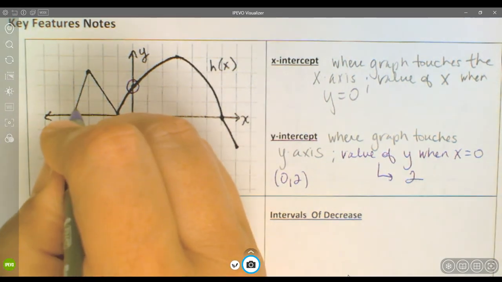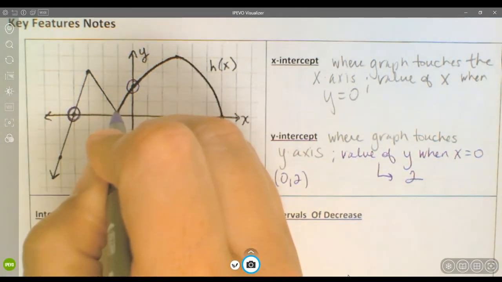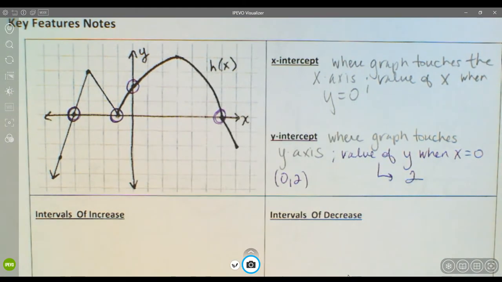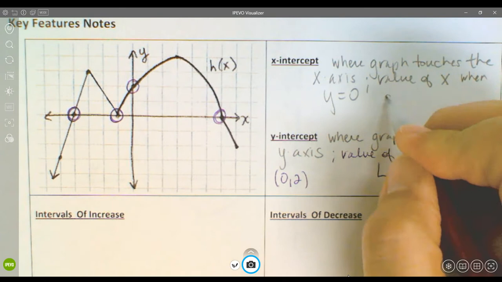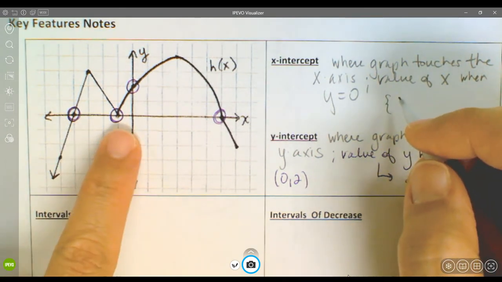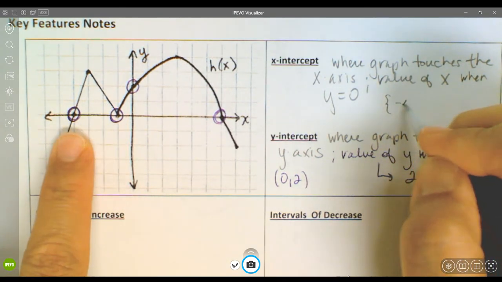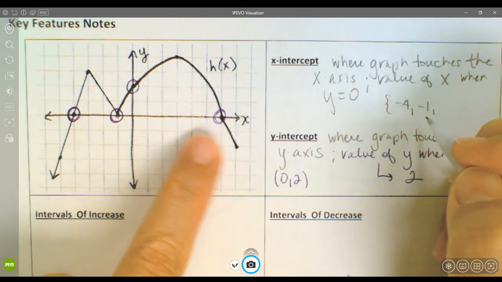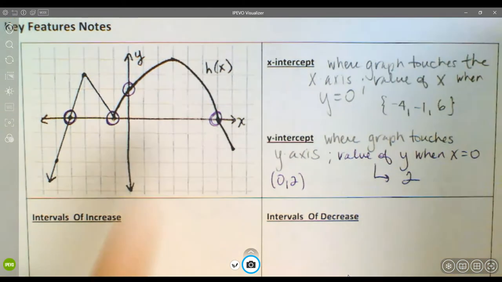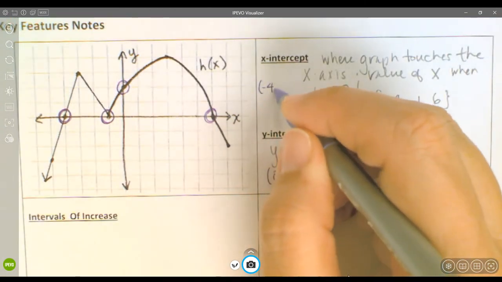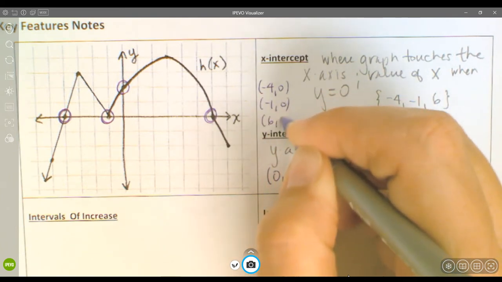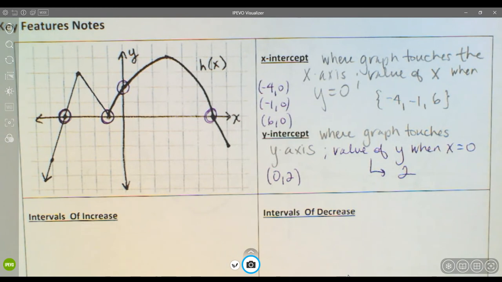So there is an x-intercept here, an x-intercept here, and an x-intercept here. So those points are, we'll go least to greatest, -4, -1, and 6. And again, we could say those are the ordered pairs (-4, 0), (-1, 0), and (6, 0).